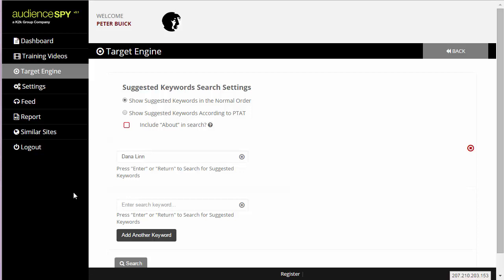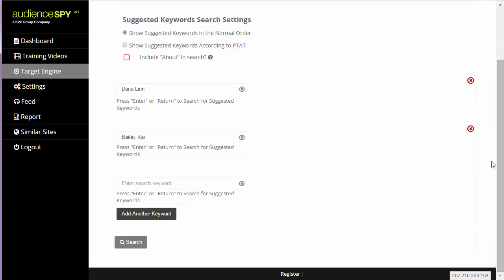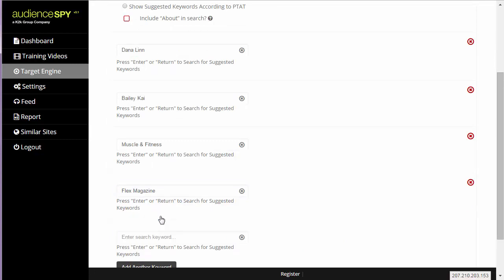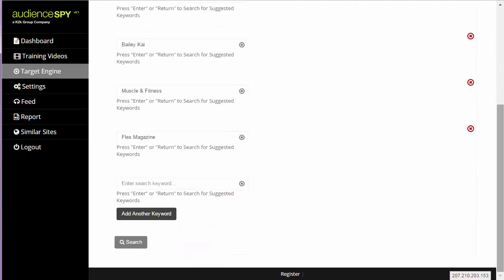I won't do them all, but it would take a couple of minutes. So we could put some of the celebrities in, and we found some magazines and stuff, so we could put those in. Okay, as I say, you can put multiple keywords in this. Again, I won't do them all.